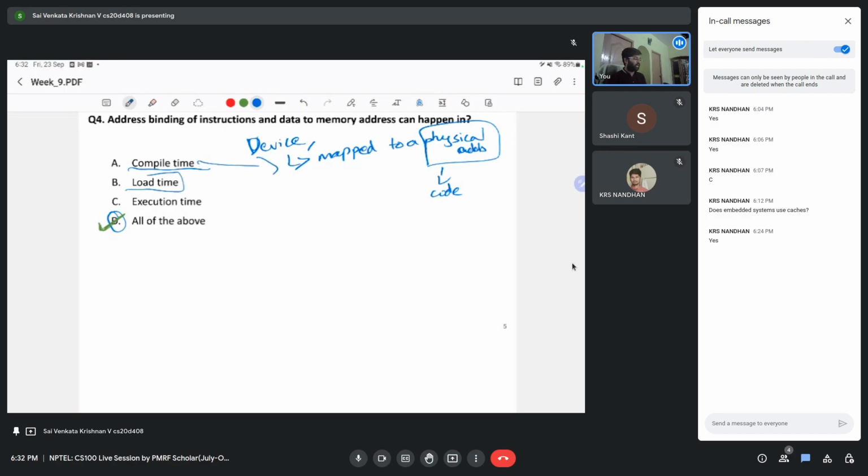For load time binding, there are two cases. This is the case of loading before execution, right? So say for example, this is your a.out, the executable that you got after compiling.